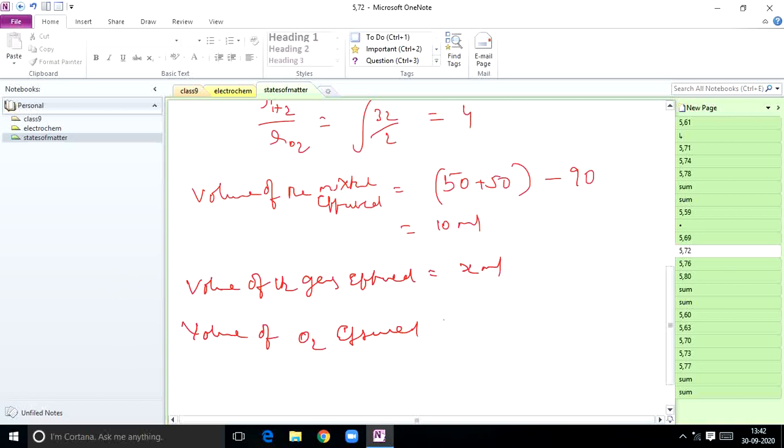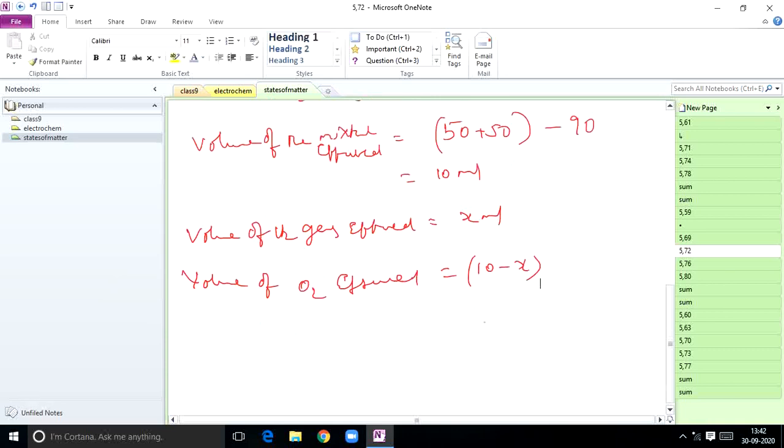I am taking this 10 minus X. Now rate of effusion of hydrogen is equal to volume of hydrogen effused by time taken for hydrogen effused. How much? Hydrogen gas X by time taken, how much? Time.